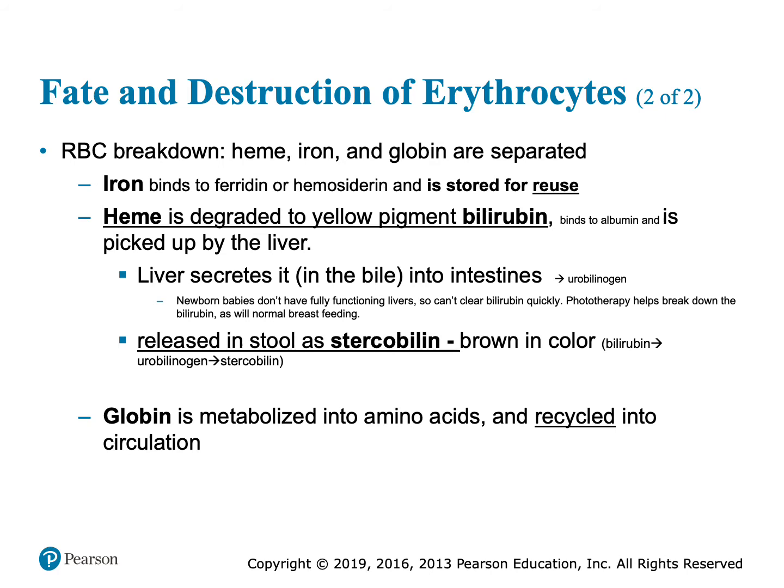So the bilirubin goes through some little changes, but that's okay because it's just part of the breakdown of the heme. Globin is a protein, so it's going to be broken down into amino acids, and then we're going to use those amino acids for something else.